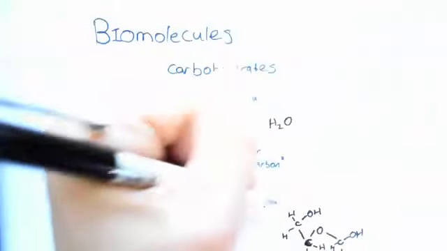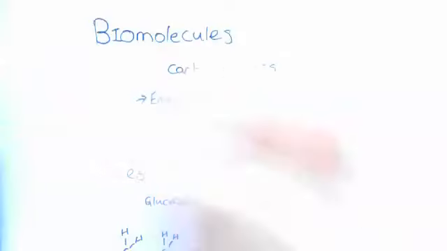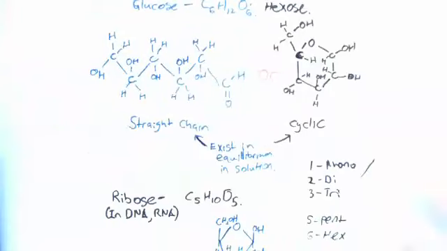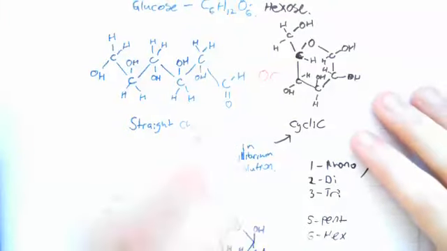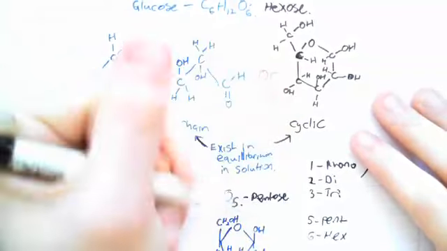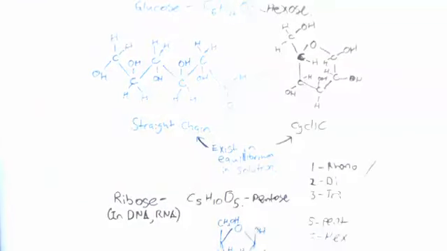For example, glucose has 6 carbons, so it is hex for 6, and ose, a hexose sugar, 6 carbon sugar. Whereas ribose is a 5 carbon sugar, and so it is a pentose sugar. That's just generic naming of sugars based on how many carbons they have.